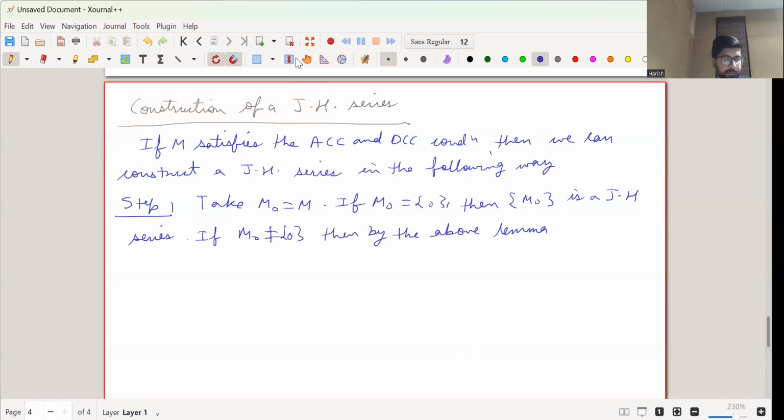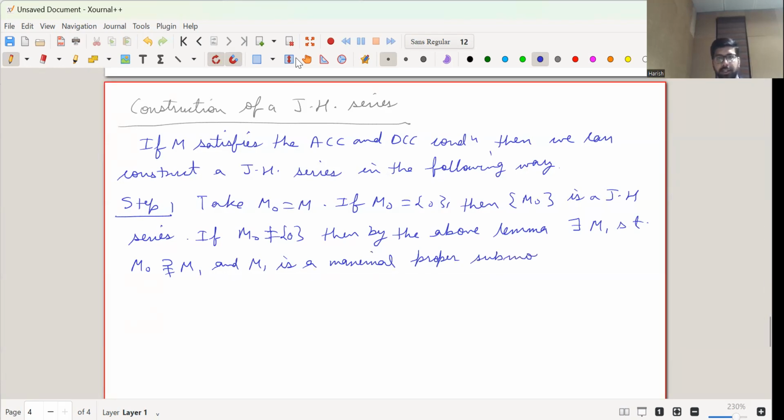So by the above lemma, there exists M1 such that M naught properly contains M1 and M1 is a maximal proper submodule, right?